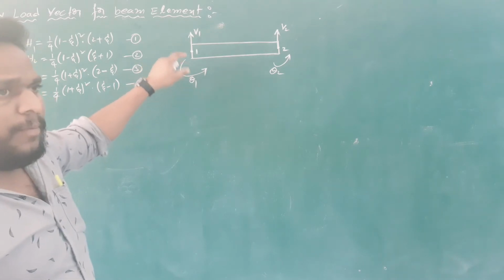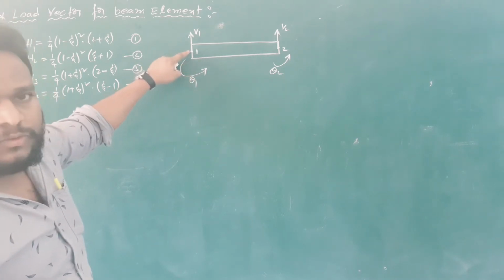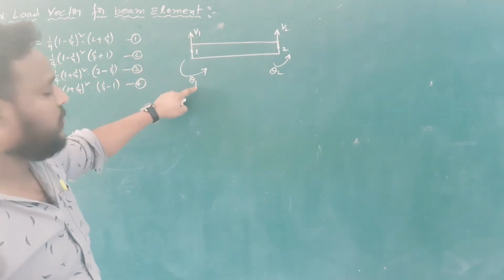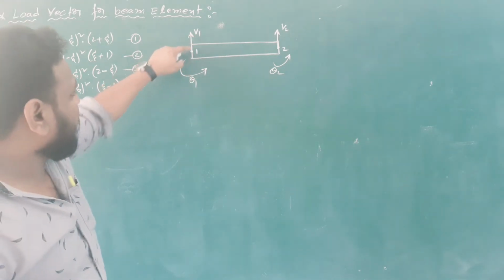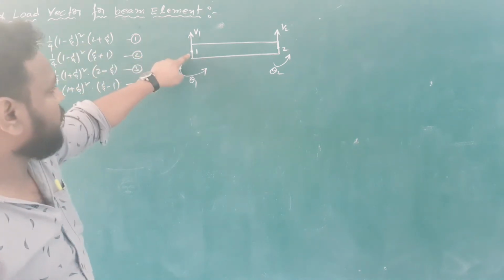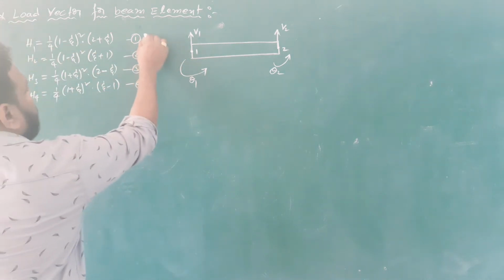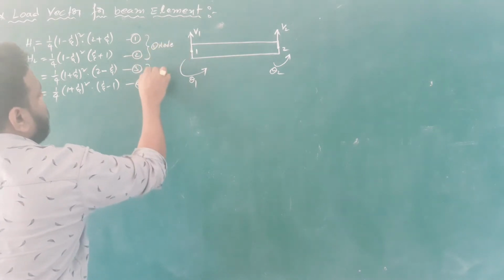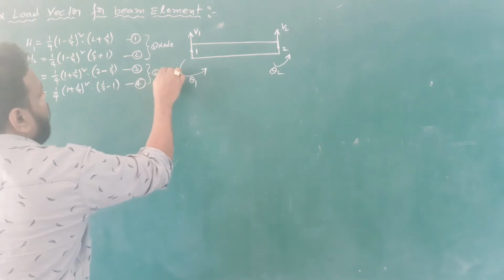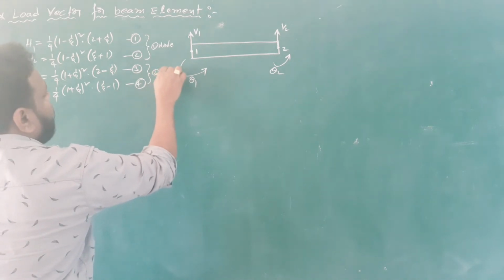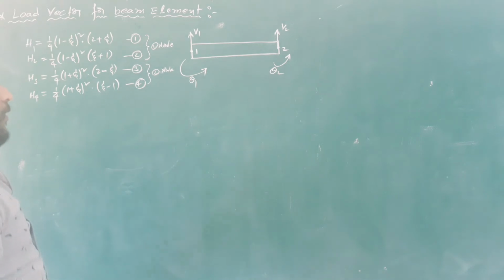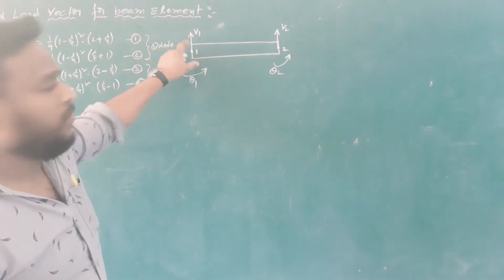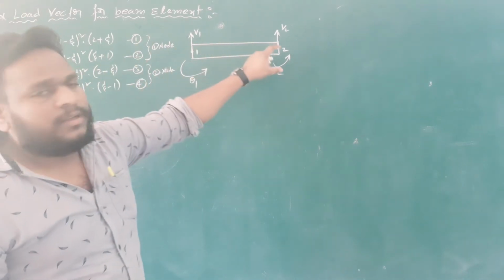I'm repeating again: each node has two displacements, V1 and theta 1, one linear and another angular. So H1 and H2 belong to the first node, and these two belong to the second node. Please remember it.